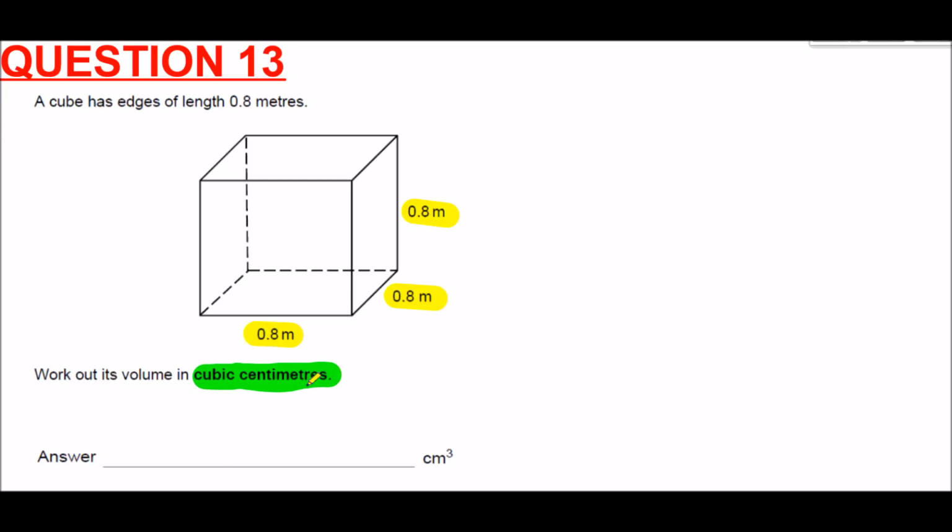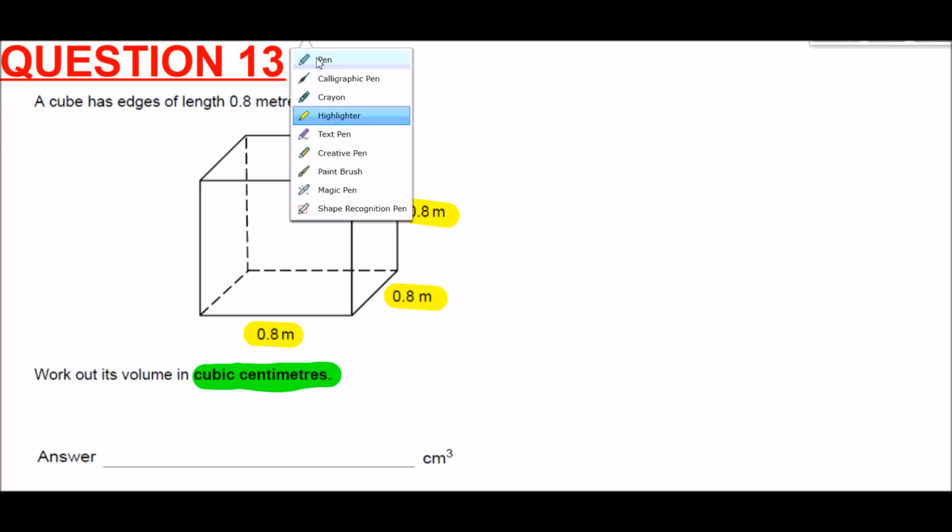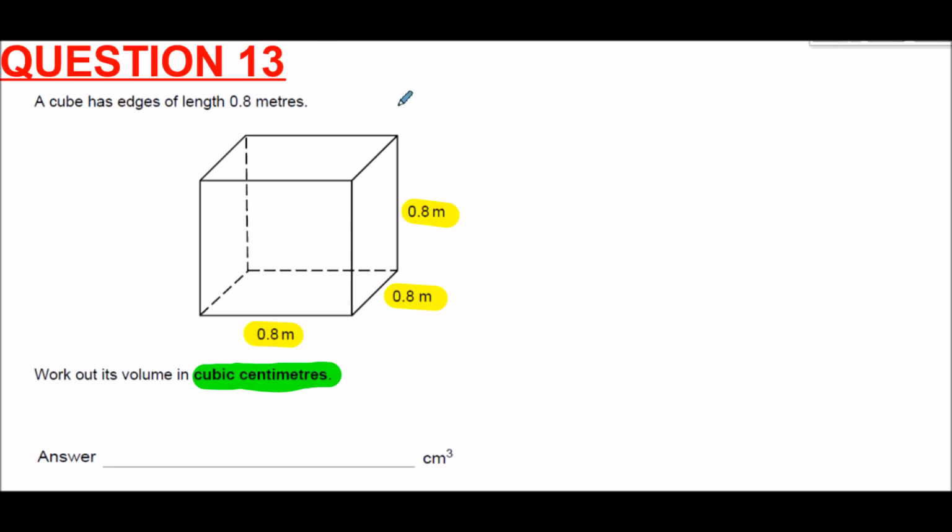So what I would suggest first and foremost is to convert straight away. And so you need to know that 1 meter is 100 centimeters. Again, this is a conversion relationship where one number is a 1, the other number isn't a 1.